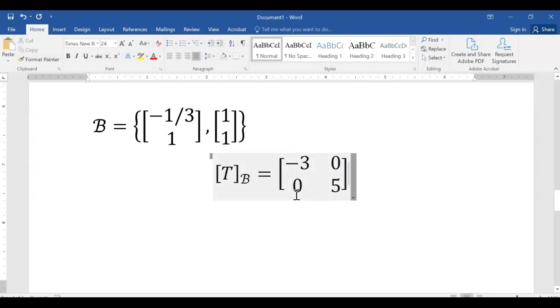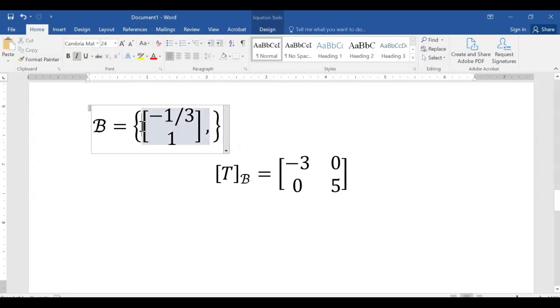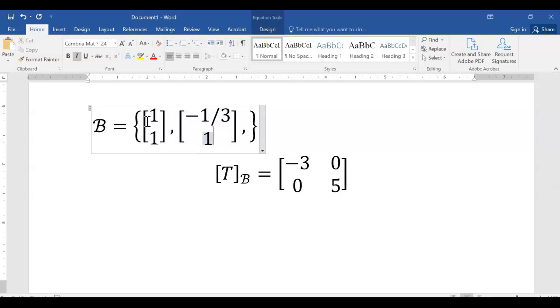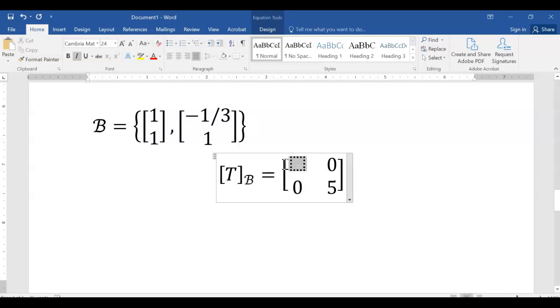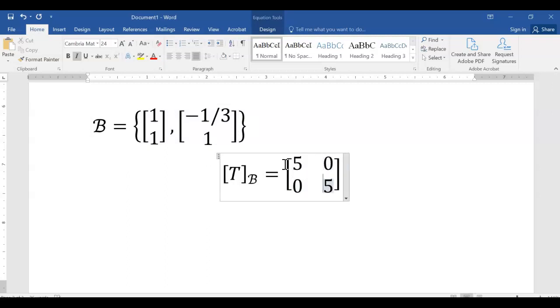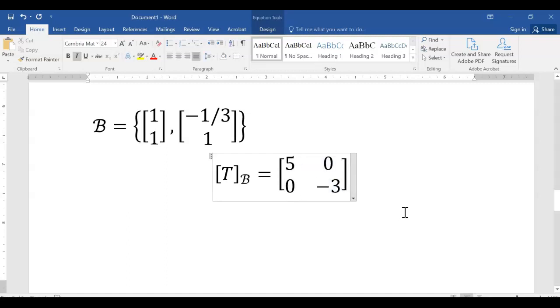Now, by the way, we saw previously in the last chapter that if you had switched the order, if you'd thrown the 1, 1 up front and the -1/3, 1 in the second spot, all you would have had to do is switch the order that your basis came in.